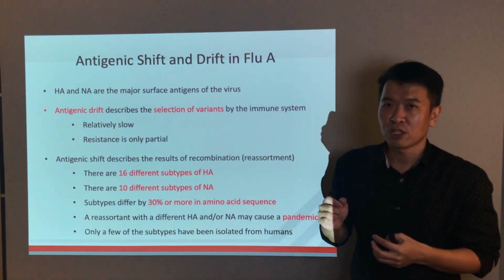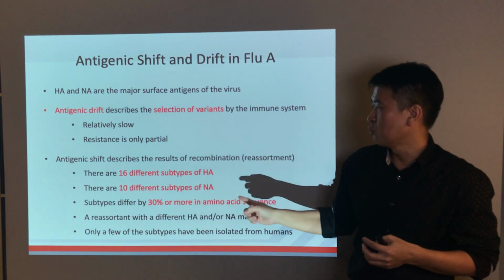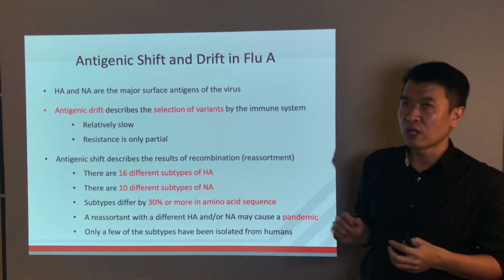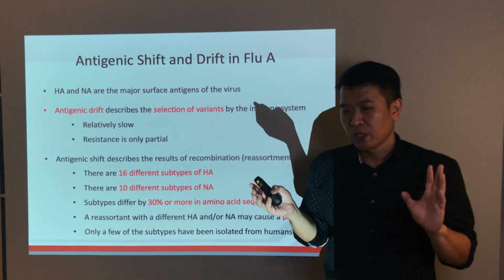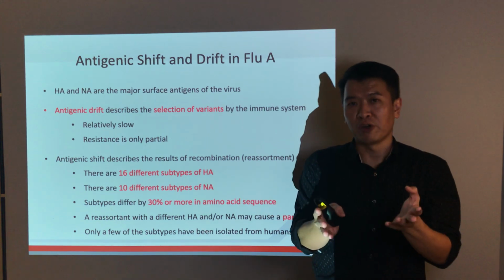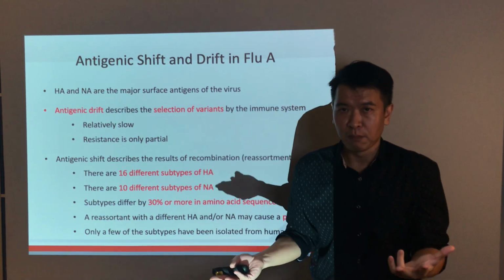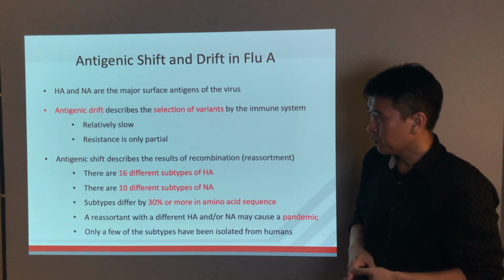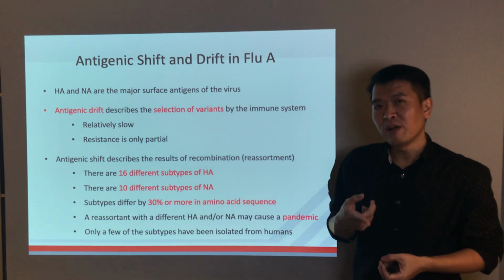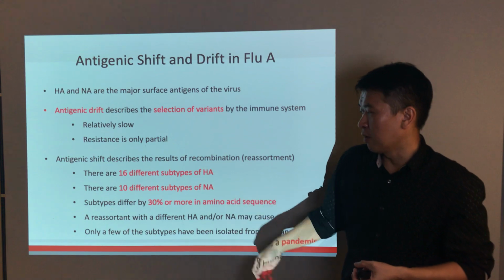Now, this antigenic shift is a result of recombination, or we call it reassortment, right? Now I'm sure you already know that the RNA has 8 segments. So one of the segments is HA or NA.